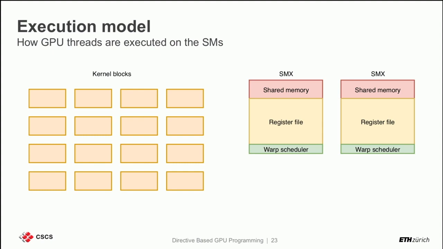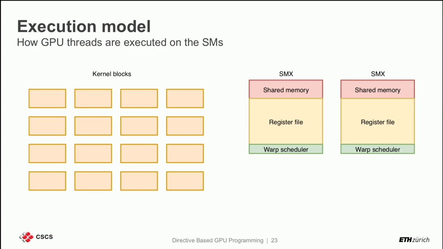Now, each thread block has a set of requirements. The first requirement is how many registers it needs to run. For example, you have your code, as on the CPU, and how many registers does one thread need?